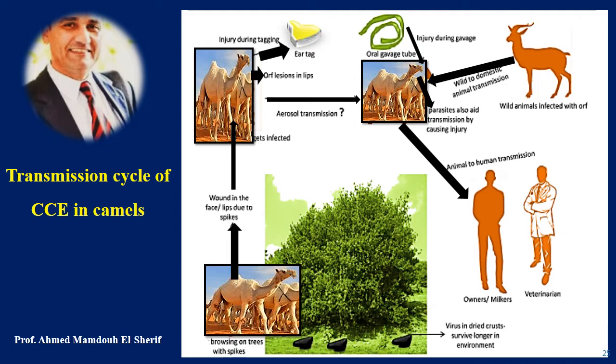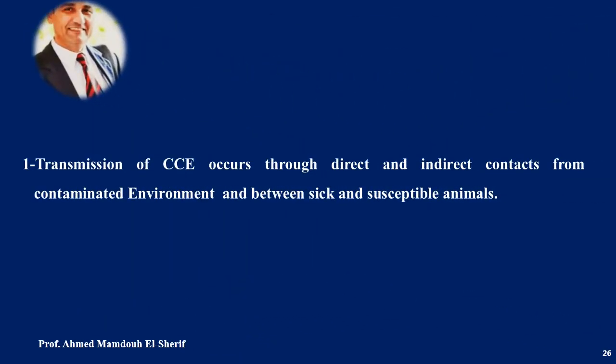These viruses will be transmitted to humans through owners or milkers or veterinarians that did not carefully treat the infected animals. Transmission of camel contagious ecthyma occurs through direct and indirect contacts from contaminated environment and between sick and susceptible animals.